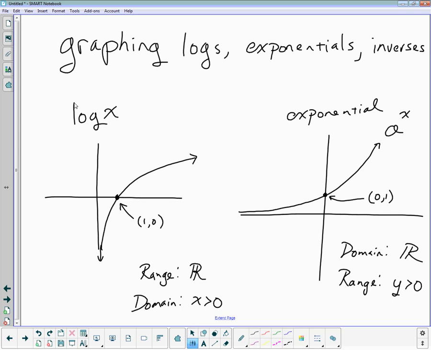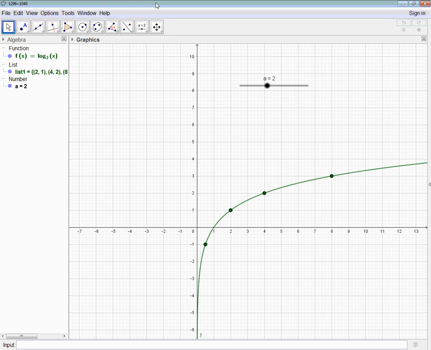Now, let me show you one quick thing. Here's a nice way to find some points. Here we have a logarithmic graph, log base 2. First of all, I've got this point right here.